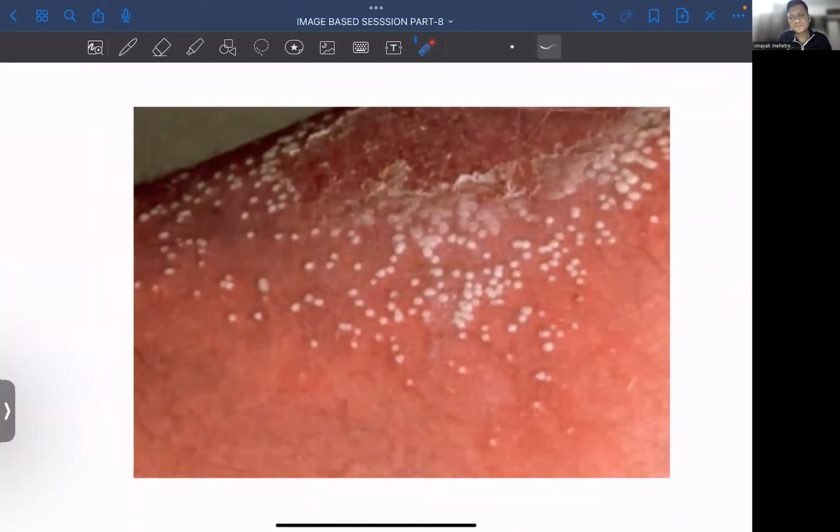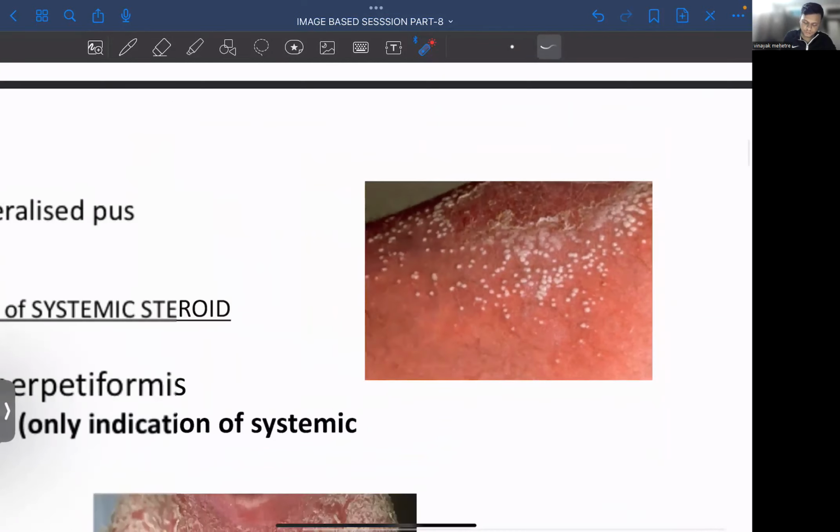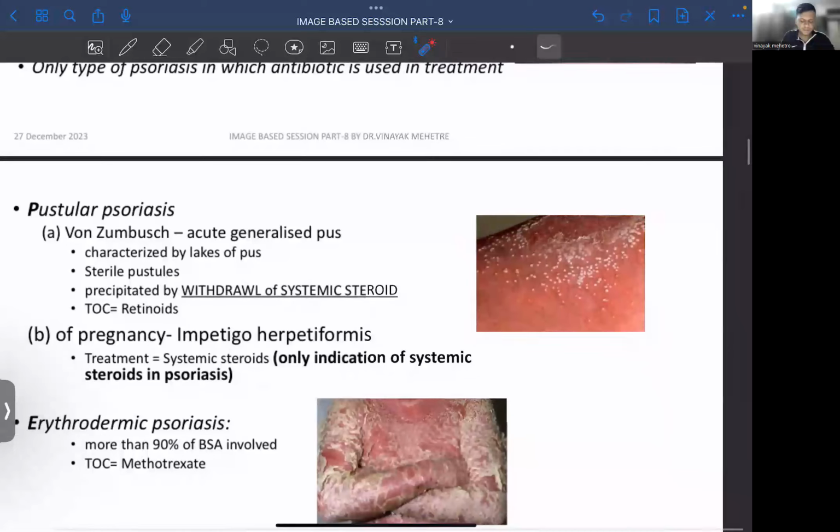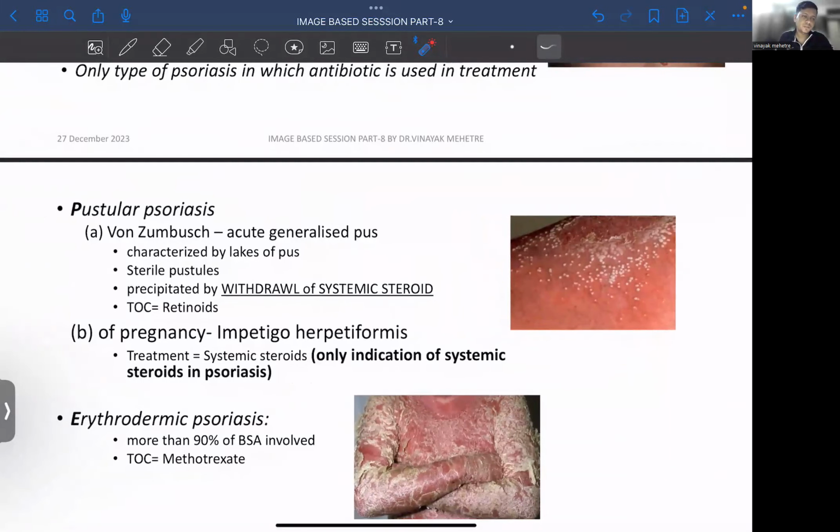Basic अगर याद हो, patient was taking steroids for some chronic disease. After some time, there are pus filled lesions. Okay. The name of that is pustular psoriasis.